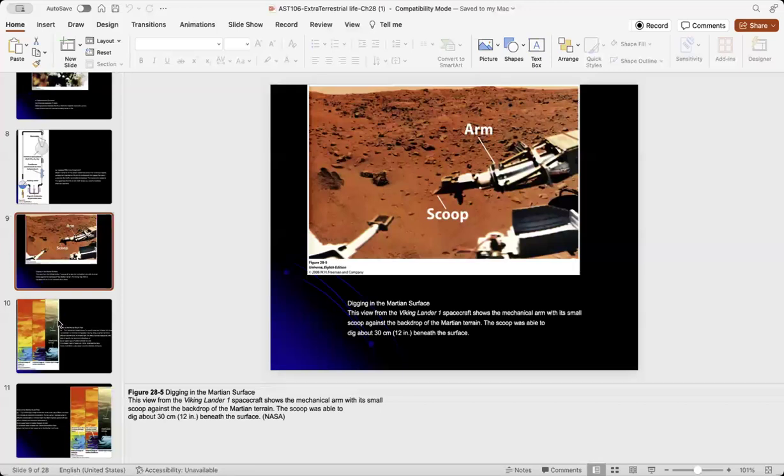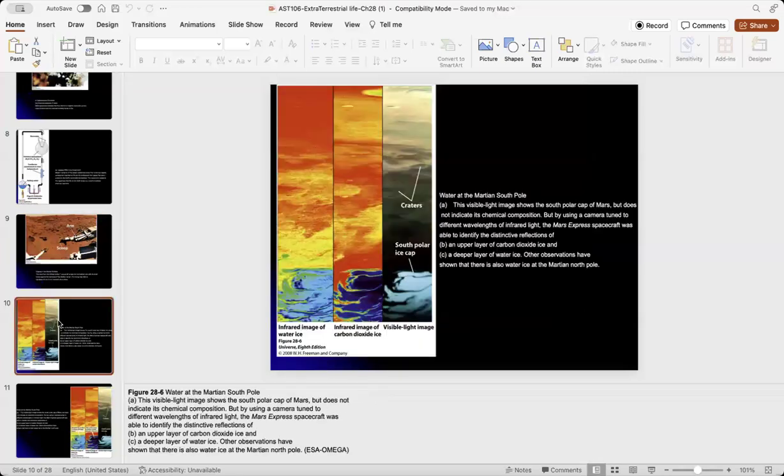So then the next aspect of finding life is to find if there is water on Mars. And if there is water on Mars, then those would be the likely places to look for presence of life. So this is what we know about water on Mars. There is some frozen water that is found on the Martian South Pole. And this we know by doing different kinds of imaging. This is the infrared image and the visible light image.